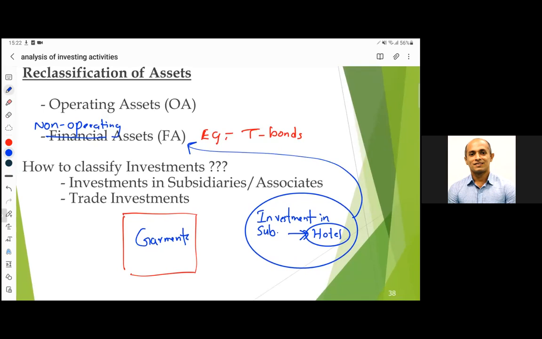Right. So this is what you have to do at the end of the accounting analysis. At the end of the analysis of your assets, you have to separately identify which assets are related to your operations and which are not. So when you analyze your operations, when you do a ratio analysis, for example, you consider only those operating assets.